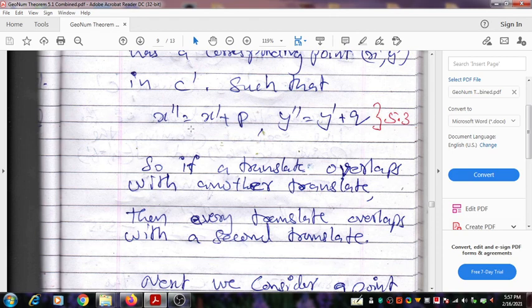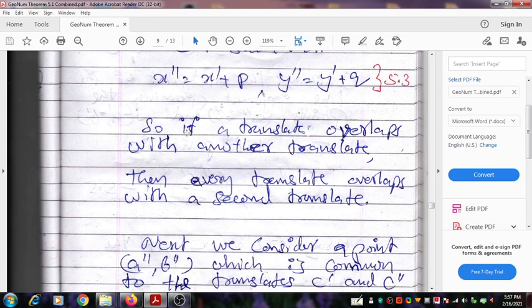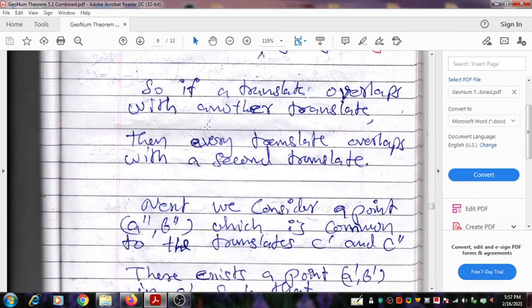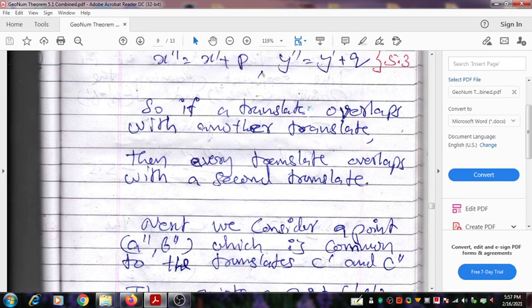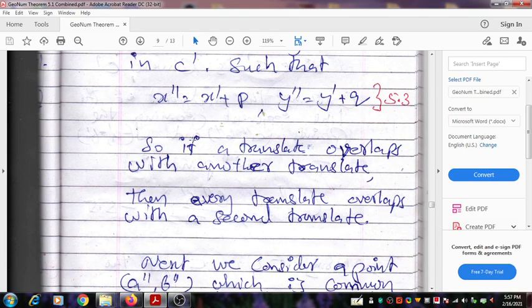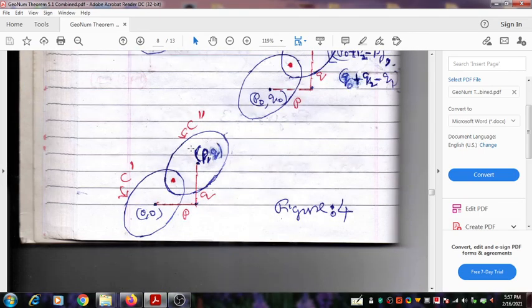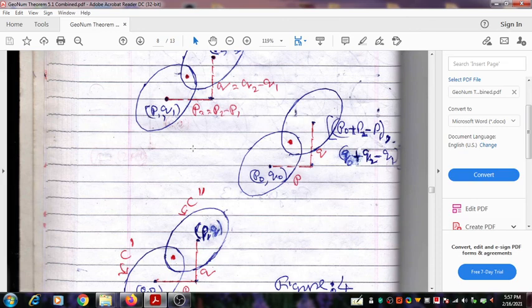So if a translate overlaps with another translate, then every translate overlaps with a second translate. How can we argue that?